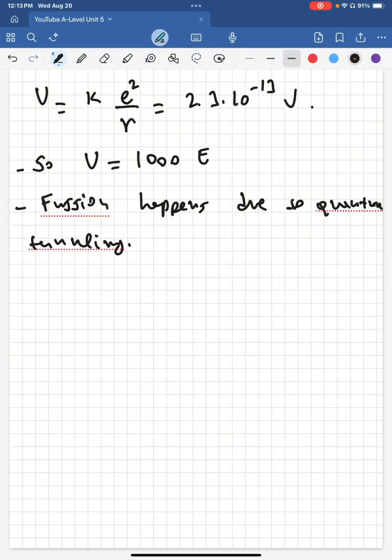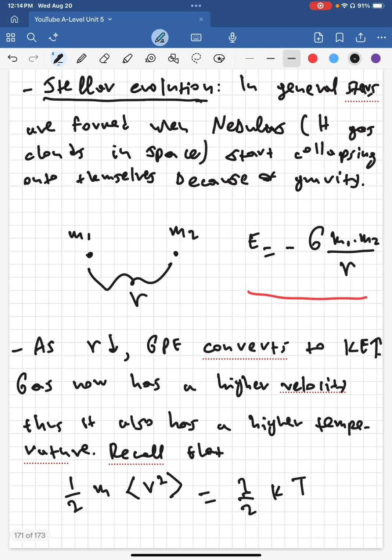Okay, what I'm trying to say is that if nuclei were not quantum particles, you wouldn't have fusion, because the energies of these things do not allow for fusion to happen. So fusion happens due to quantum mechanics pretty much, but this is out of scope for you guys. So I just felt like it was cool to know, so I mentioned it.